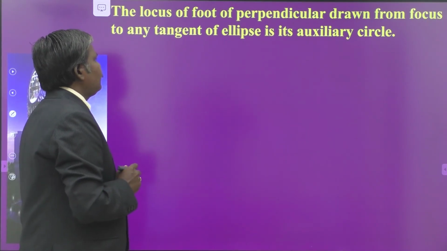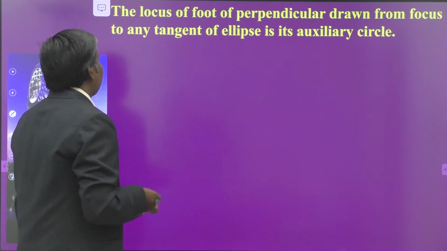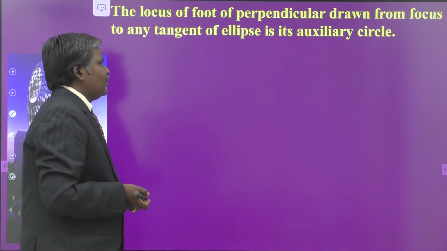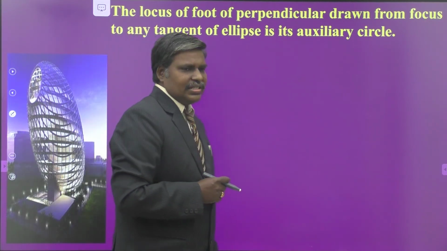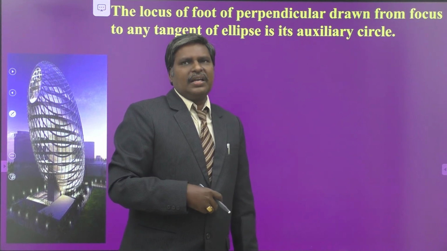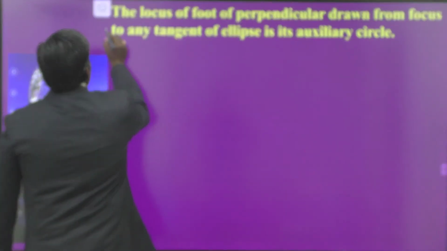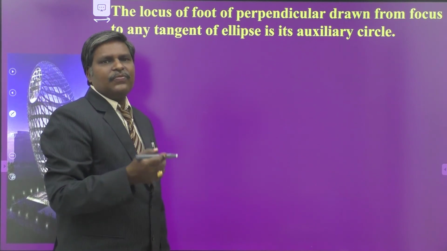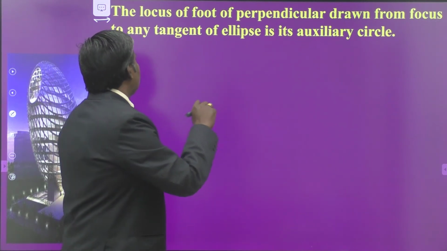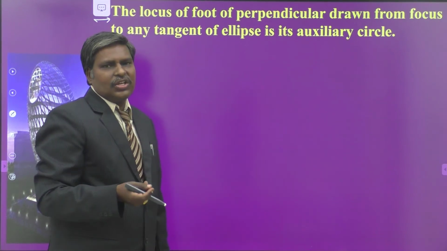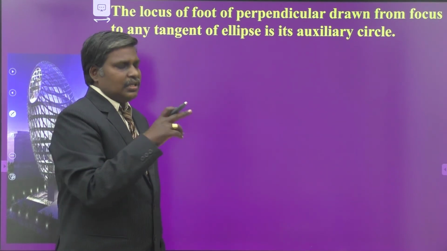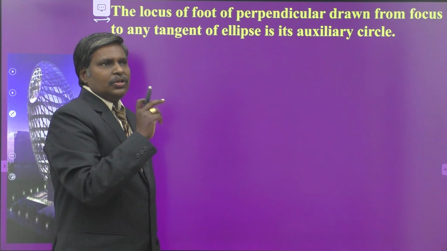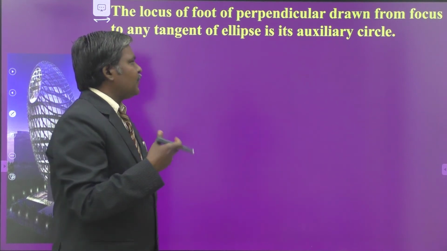The locus of the foot of perpendicular drawn from focus to any tangent of the ellipse is its auxiliary circle. This is the next derivation. The locus of the foot of perpendicular drawn from where to where? Focus to any tangent. How many tangents can you draw to the ellipse? For different points on the ellipse you can draw different tangents.